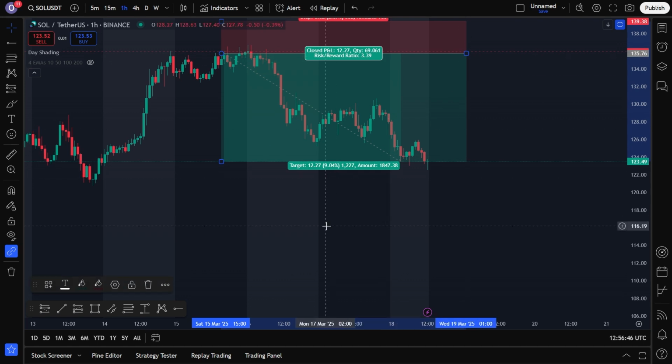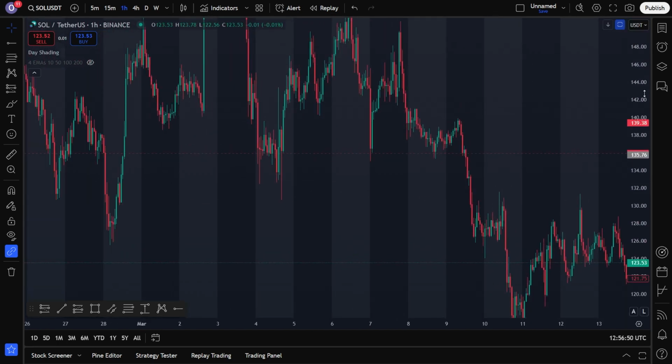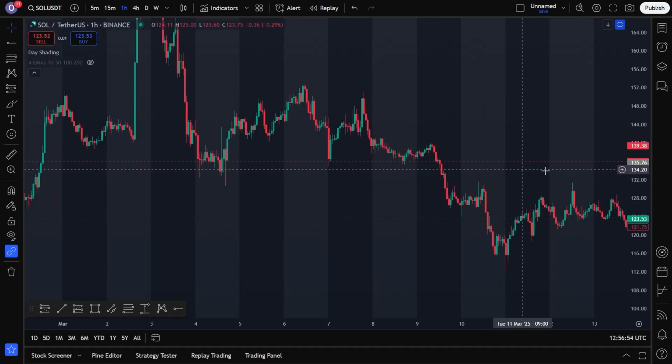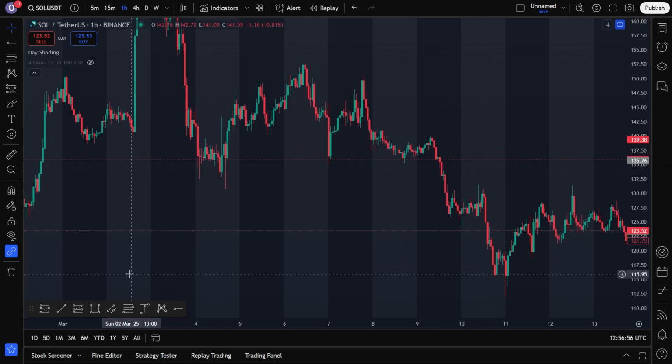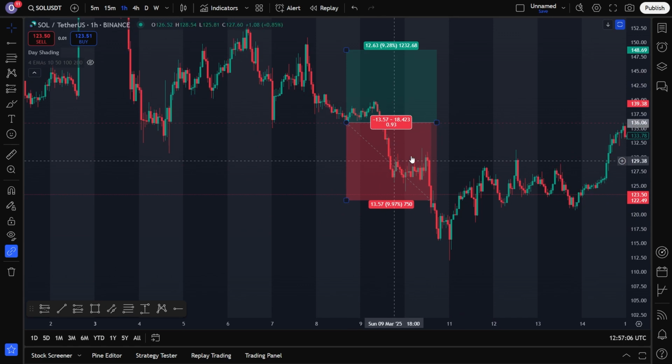What if the price does not go in our direction? For example, here there also is a level, and the price moves downwards, and we are going to open a long, placing take profit somewhere over here. But it just doesn't go our direction.